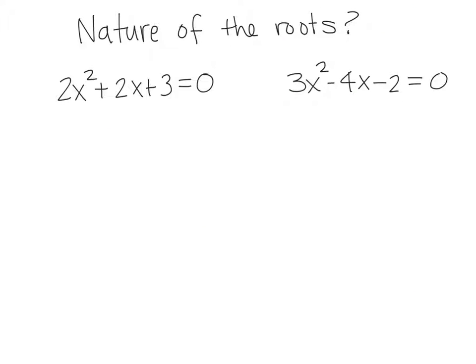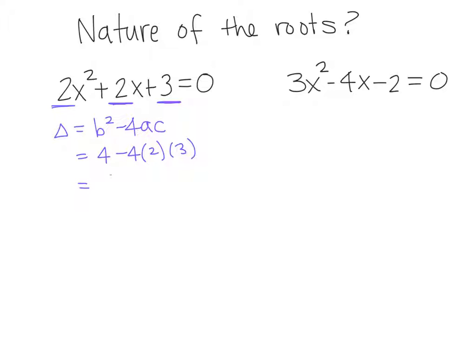What is the nature of the roots? First equation, 2x squared plus 2x plus 3 is equal to 0. Our a is 2, b is another 2, and c is 3. So discriminant is equal to b squared minus 4ac, and plug in the numbers. 2 squared, 4, minus 4 times 2 times 3.